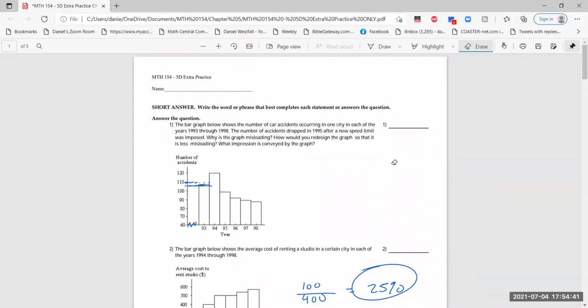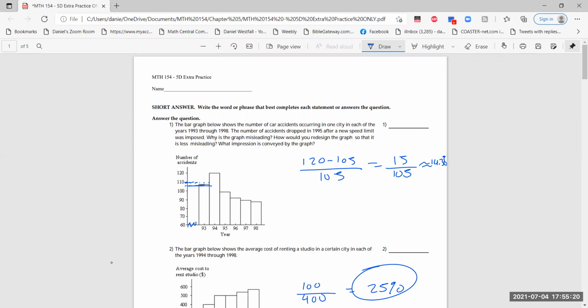So this is going to be 120 minus 105 over 105, so this is going to be 15 over 105, which is roughly 14.3%. That is what it should look like, but it doesn't look like that.